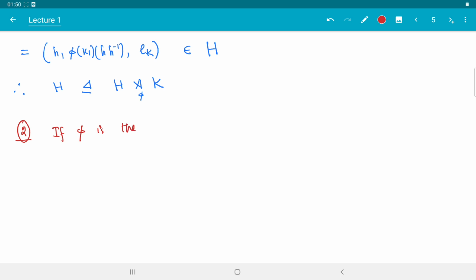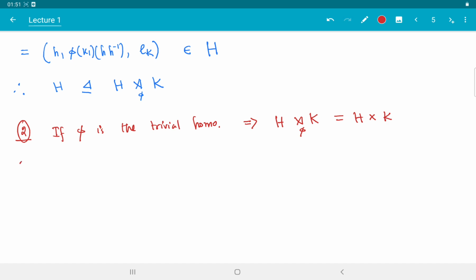If phi is the trivial homomorphism, then you can check that H semi-direct product phi K is the same as H direct product with K. So if phi is a trivial homomorphism, then the semi-direct product of H and K coincides with the usual direct product of H and K.